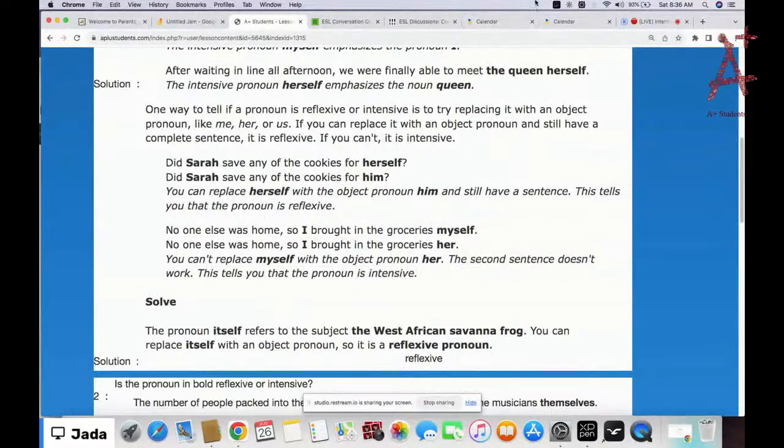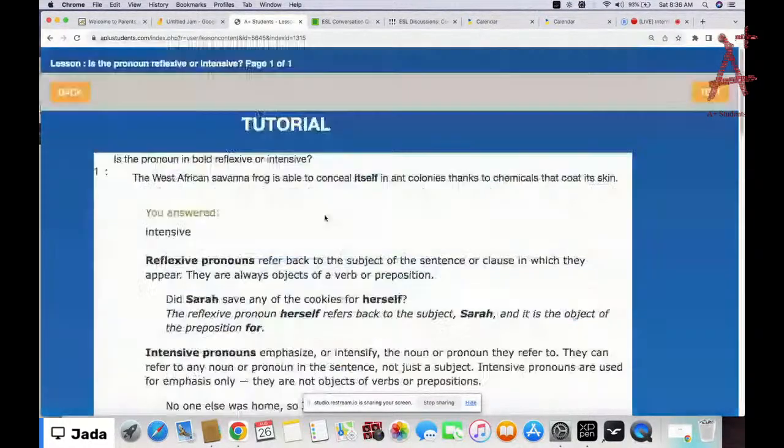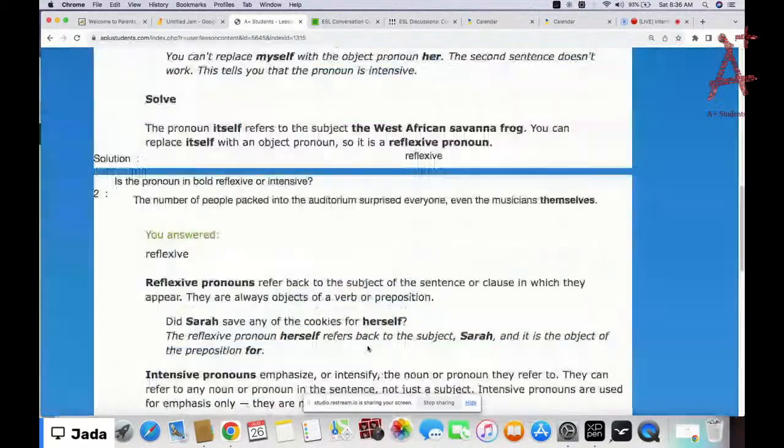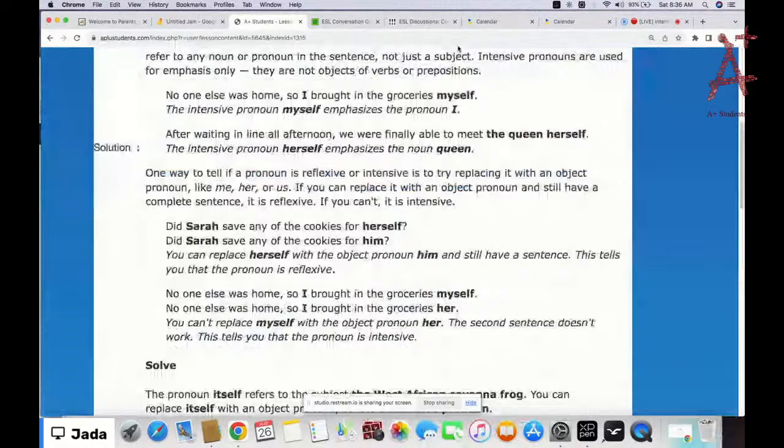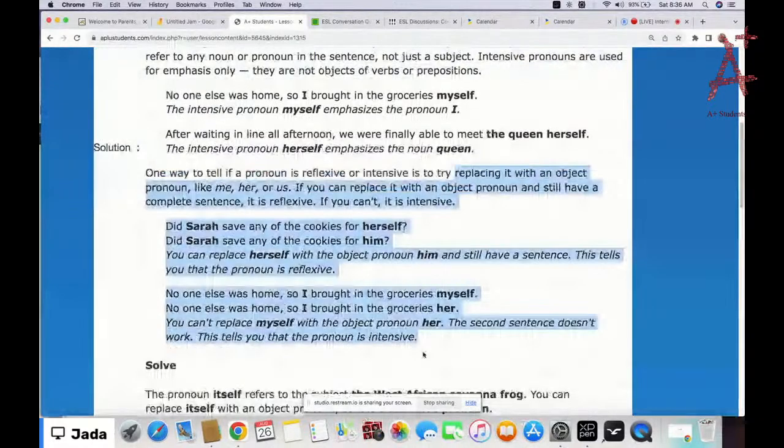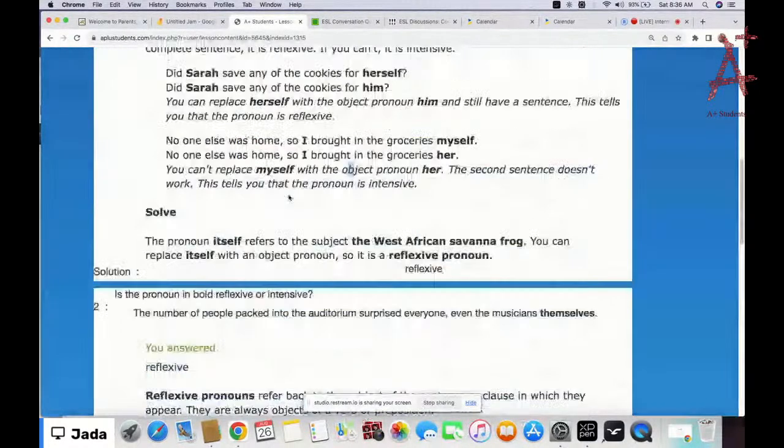Okay? So we have some examples. The West African savanna frog is able to conceal itself in ant colonies thanks to chemicals that coat its skin. Is this reflexive or intensive? That's what is asked here. The pronoun itself refers to the subject, the West African savanna frog.